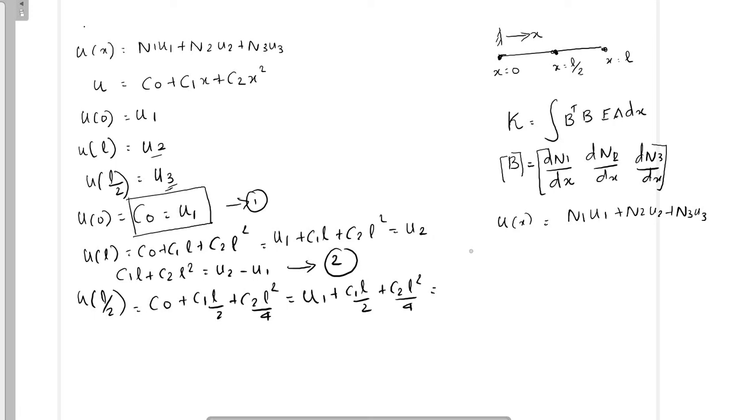Already we have defined the displacement at the midpoint as u3, so you can equate it to u3. So I am going to simplify this equation as C1L by 2 plus C2L square by 4 equal to u3 minus u1. This is equation number 3. We are going to solve equation number 2 and 3.